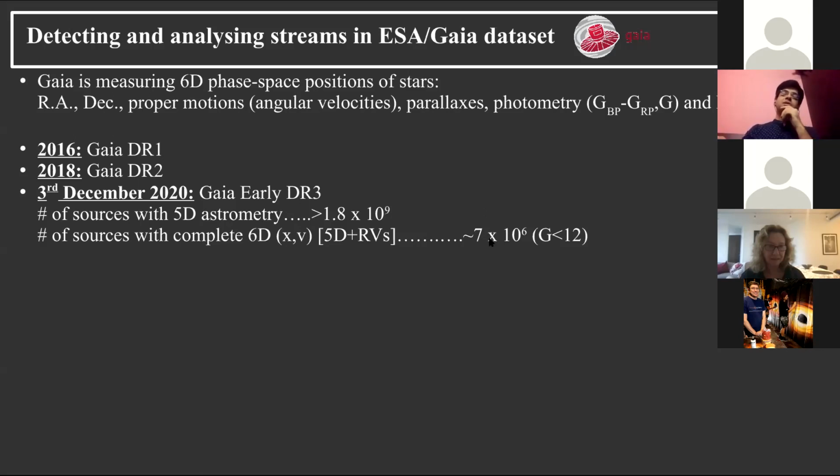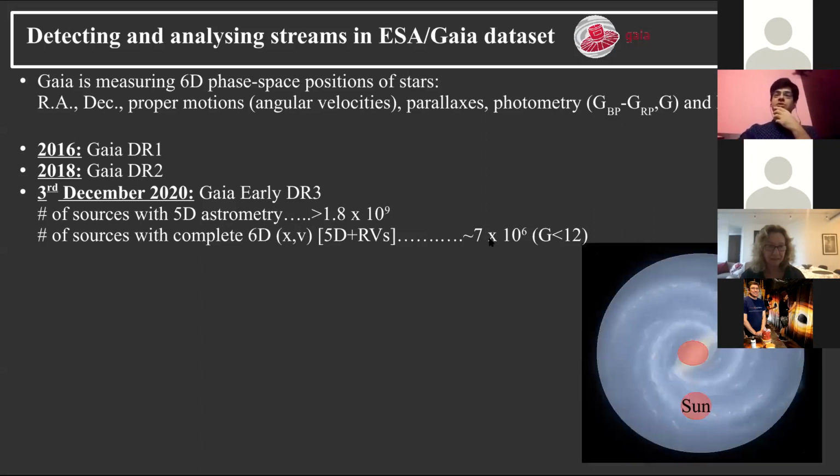So that's quite a small fraction of stars for which we have complete 6D phase space information in the Gaia dataset. Here I'm highlighting this circle. This is just a sketch to make the point clear that Gaia EDR3 5D astrometry is providing information for a majority of stars in the galaxy, but the 6D information is only present for brighter stars around the Sun and also around the bulge, for example.